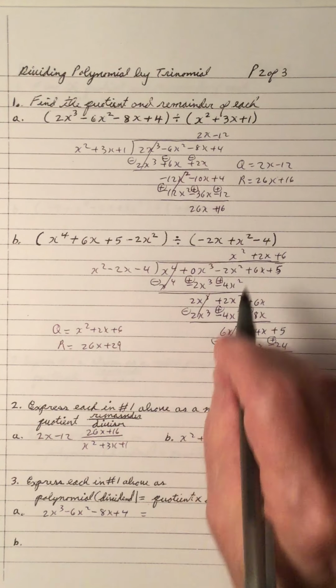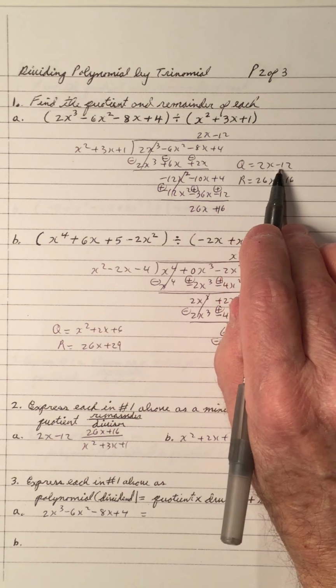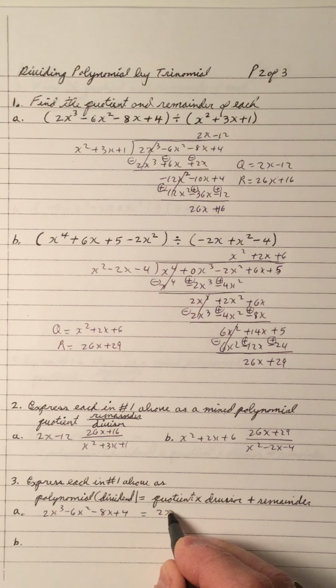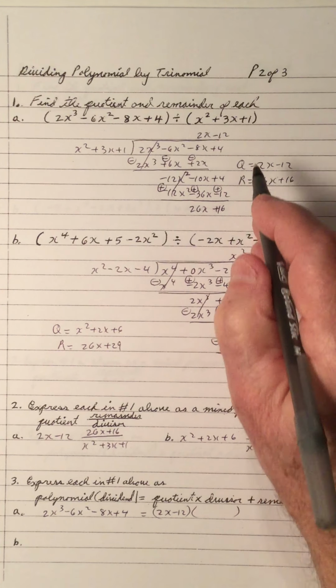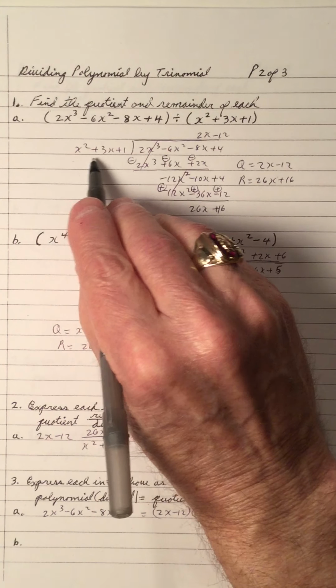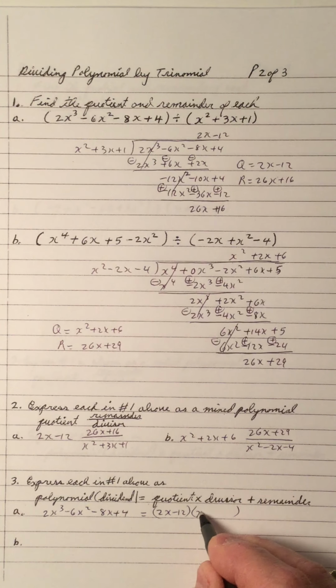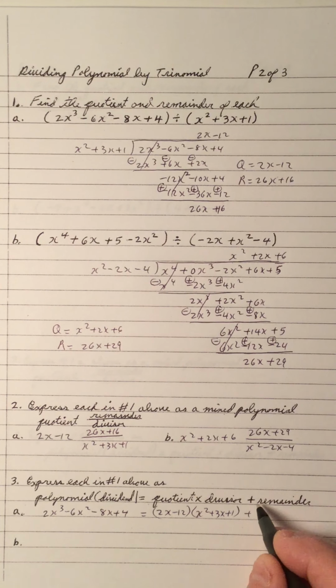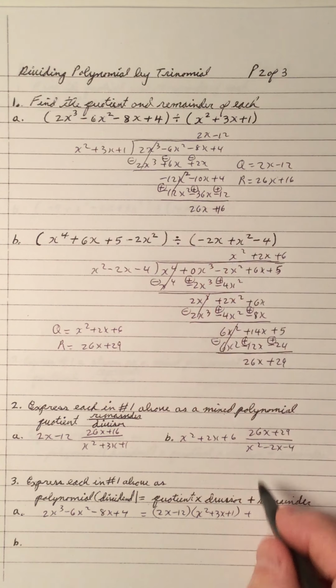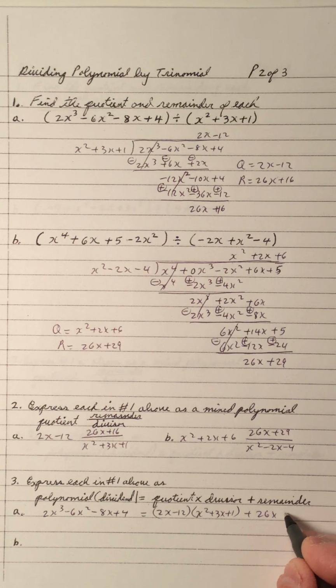And my quotient is 2x minus 12. I'm going to put it in brackets. And my divisor is x squared plus 3x plus 1. And add on the remainder, which is 26x plus 16. I can use brackets if I want.